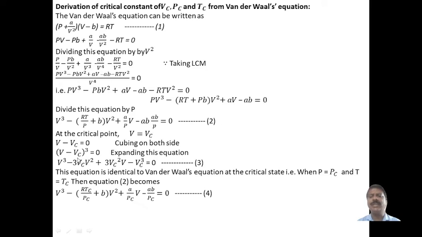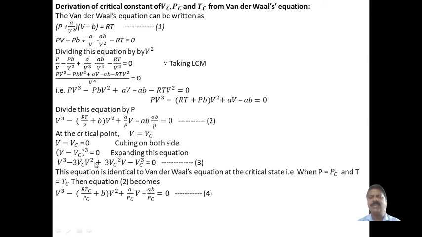Then expand using the (a - b)³ formula. Here b means Vc and a means V. Therefore we can write V³ - 3VcV² + 3Vc²V - Vc³ = 0.